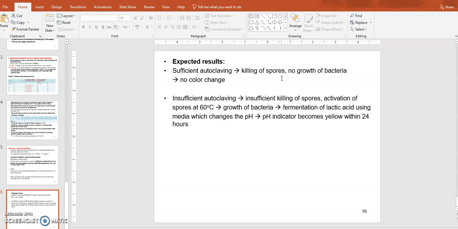When the pH drops, that purple magenta color will become yellow. So if you see the color change, that means there are cells growing in there. That means your autoclaving didn't do its job, so it didn't kill the spores. So your autoclave is not validated. So that's how this bioindicator works. Hopefully you will get to use that and see the result at the end of this lab. All right.